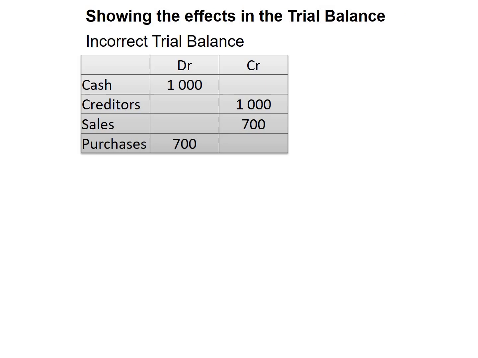Well, in our incorrect trial balance, we have a balance of 700 for sales and 700 for purchases before the error was corrected, and our trial balance balances.